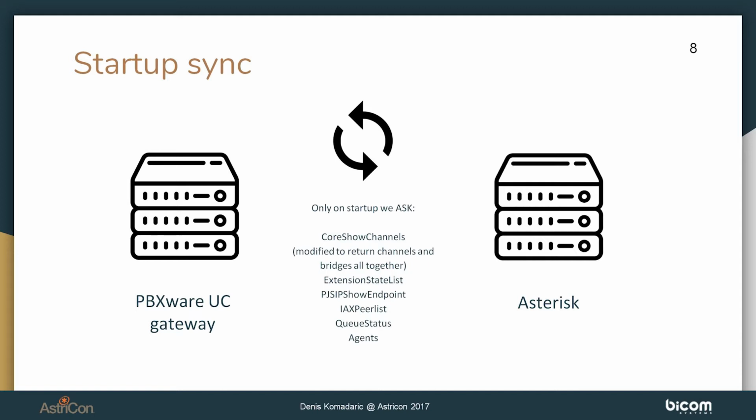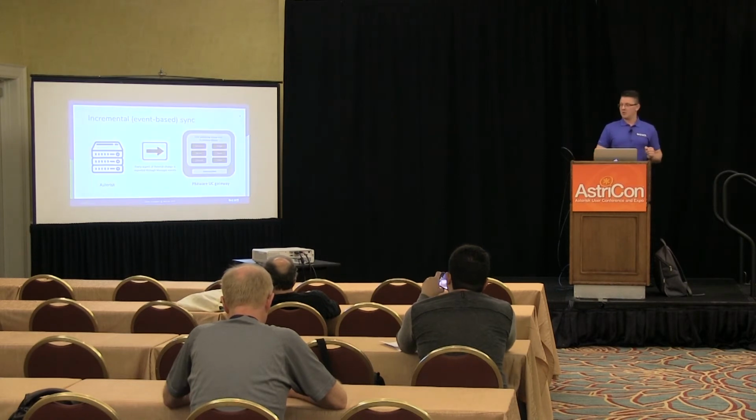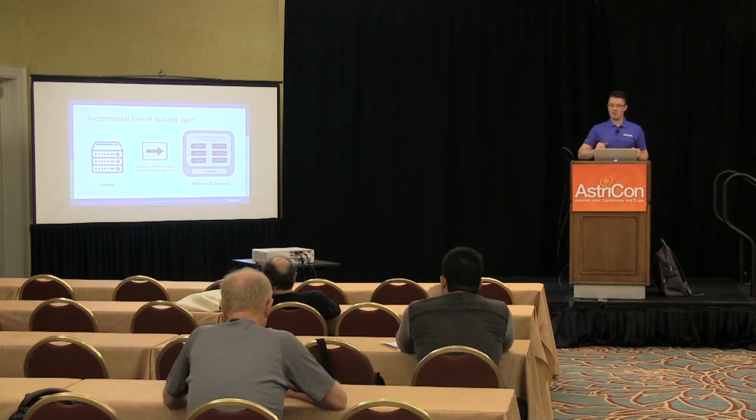So when we give a customer our product, he starts it. On startup, we ask for these resources of Asterisk, obviously, and we never ever again ask Asterisk anything, because we then do incremental updates using the events.